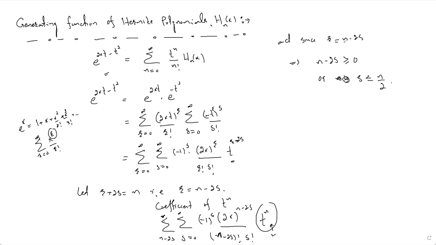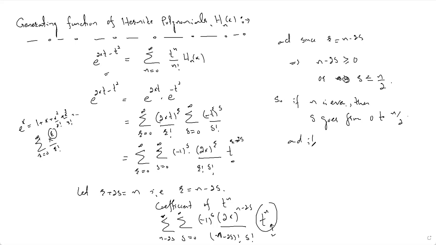And since we know that r is equal to n minus 2s, this n minus 2s is greater or equal to 0, so we can have the s. Why I'm doing it for two values, because either this n is even or n could be odd. So if n is even, s goes from 0 to n by 2 like we did last time.